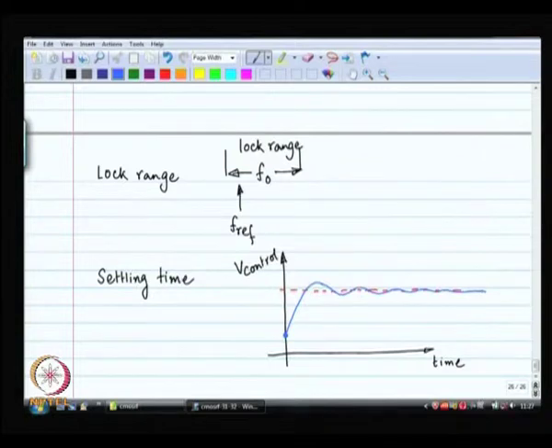It could go in that fashion, it could also go in a different fashion, it could do something like this.